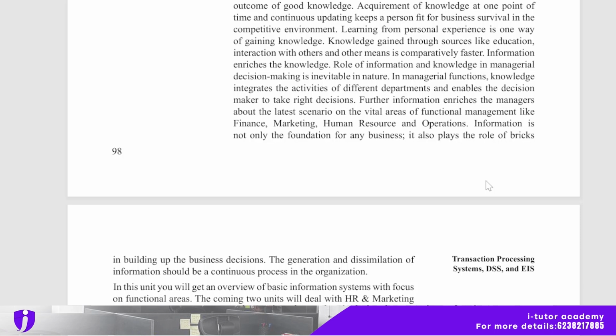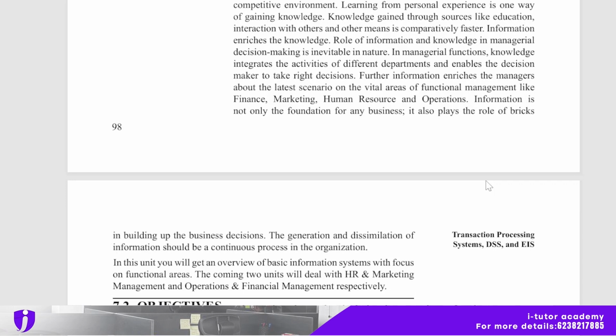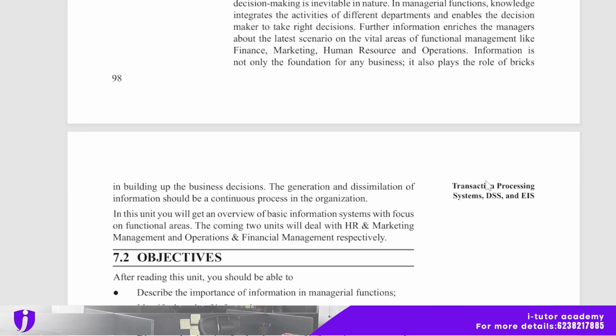The role of information and knowledge in managerial decision making is inevitable in nature. In managerial function, knowledge integrates the activities of different departments and enables the decision maker to take the right decision. Further, information enriches the managers about the latest scenario in vital areas of functional management like finance, marketing, human resource and operations.